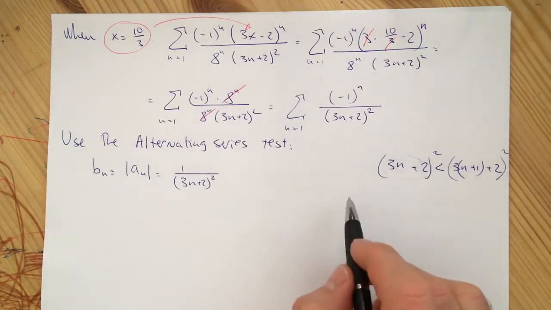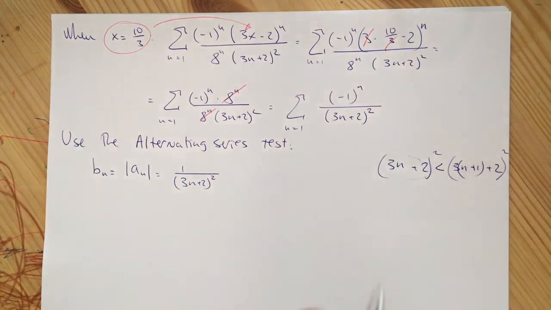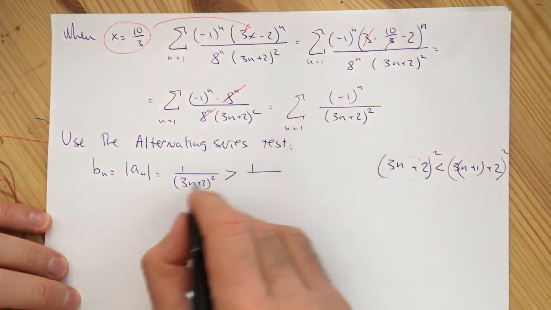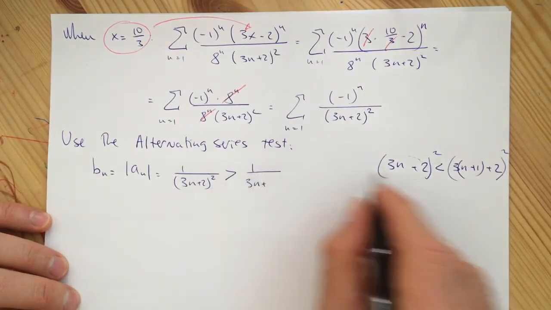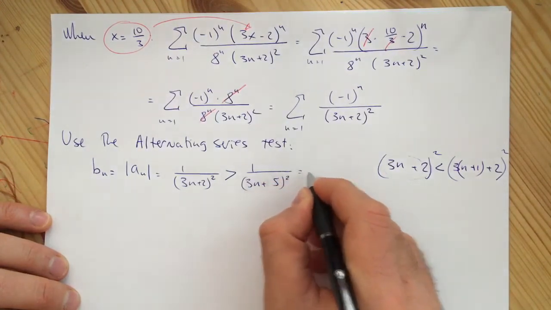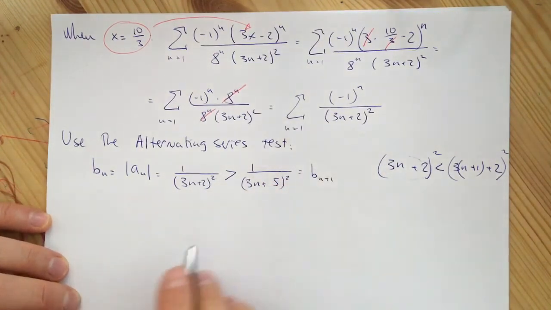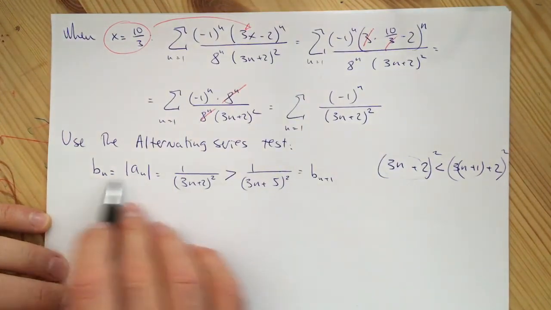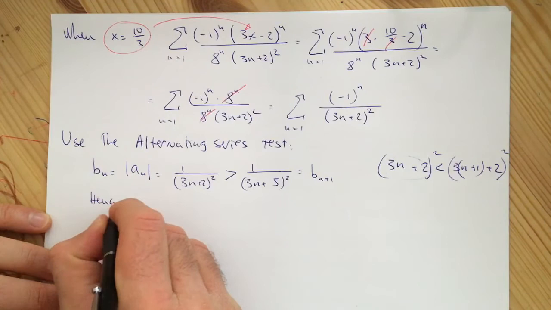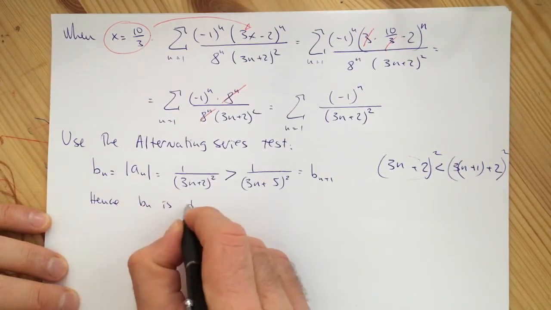So this expression is greater than 1. When we square it, the inequality stays. Taking the reciprocal, I get that (3n plus 5) squared, which is basically b_(n+1). So this inequality shows that b_n is decreasing.